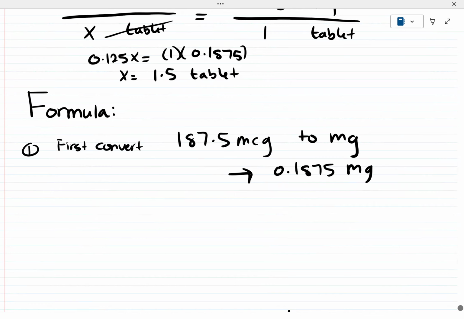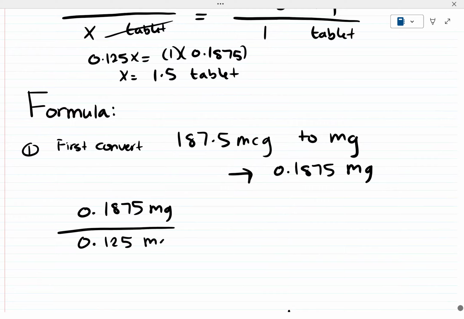So desire over have times the vehicle. Our desire was 0.1875 mg, and our have is 0.125 mg, and then our vehicle was one tablet. Put it all together, you get 1.5 tablets per dose.